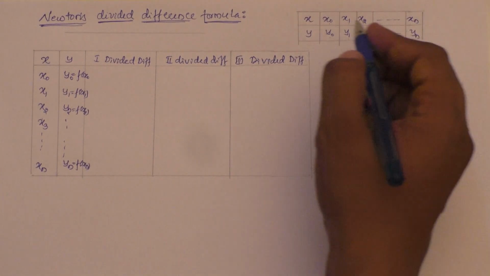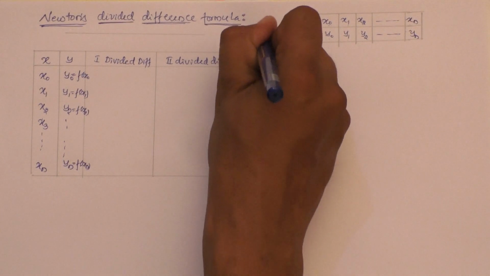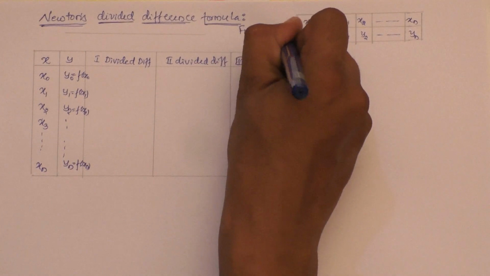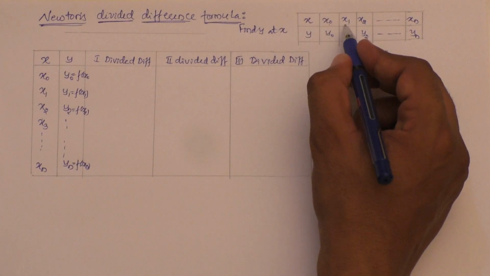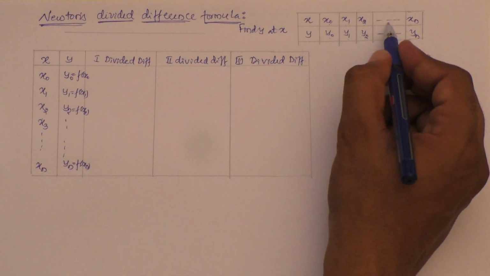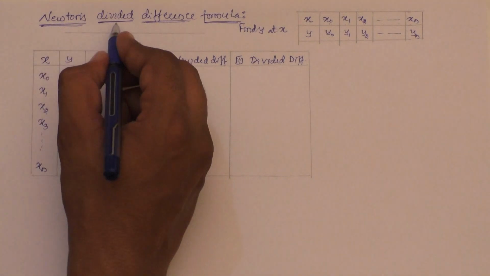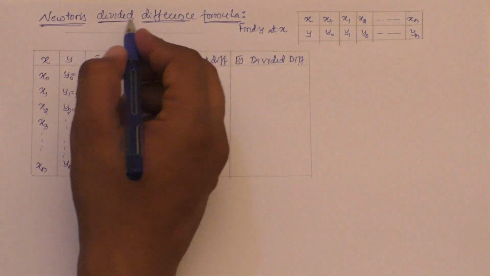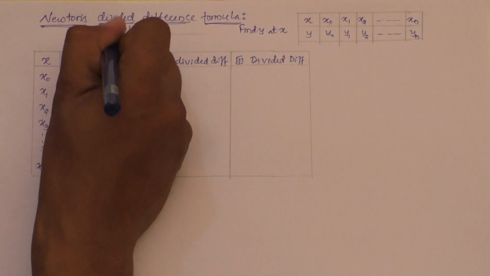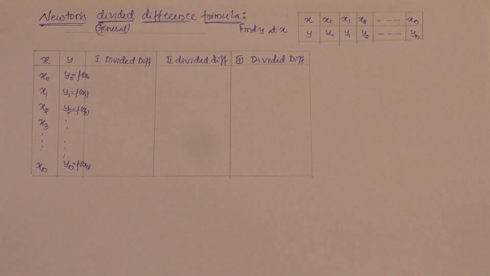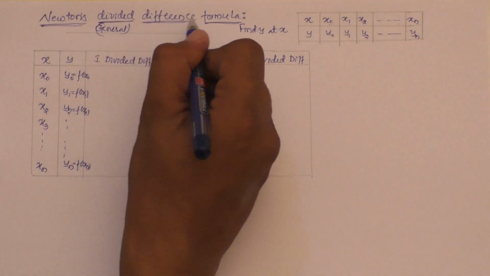The question will be to find y at some x, which may be any value, but here the x values are not equidistant. If they are not equidistant, you need to apply Newton's divided difference formula, also called Newton's general interpolation formula. In this case you need to construct the divided difference table.